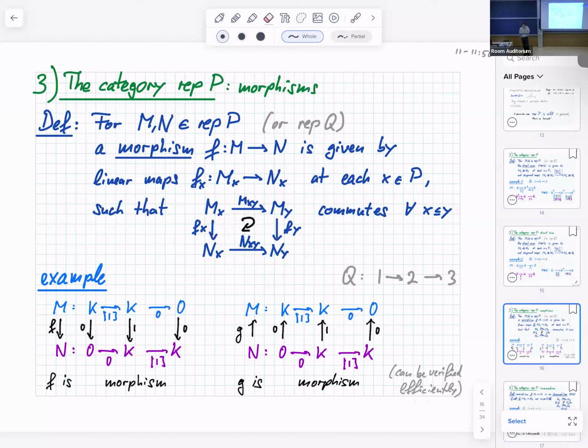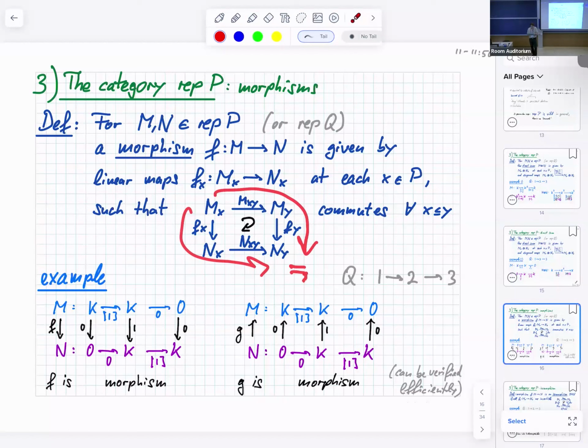So whenever I have a pair x smaller or equal to y, or an arrow in the quiver, I get such a configuration. The condition is that this diagram commutes: going this way around or that way around amounts to the same result. So a bunch of commutative diagrams constitutes the notion of a morphism.